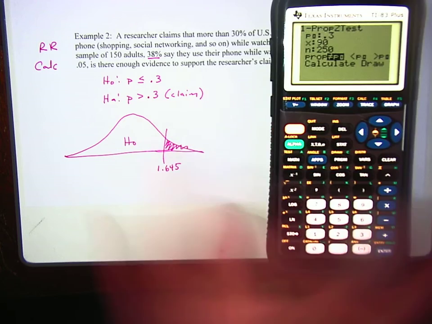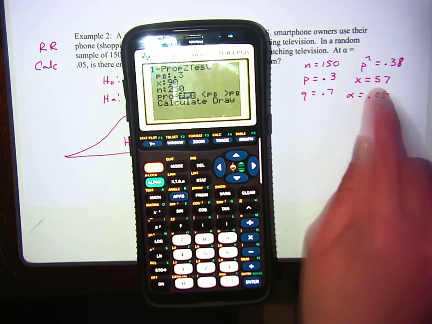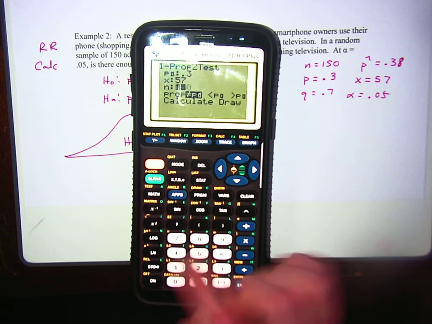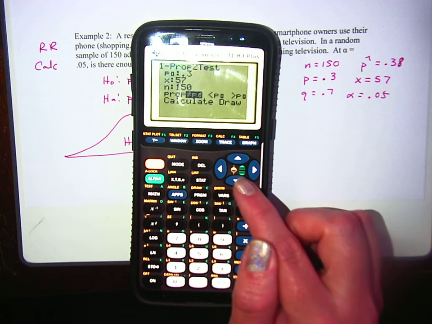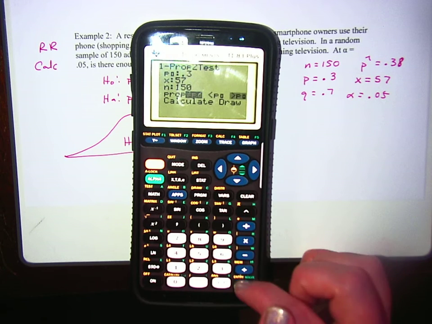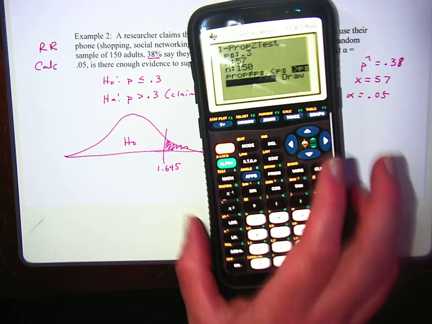So let's see, our claim is 0.3, our X is 57, our N is 150, and then it is definitely a greater than test. I'm going to choose to have it draw it for me.